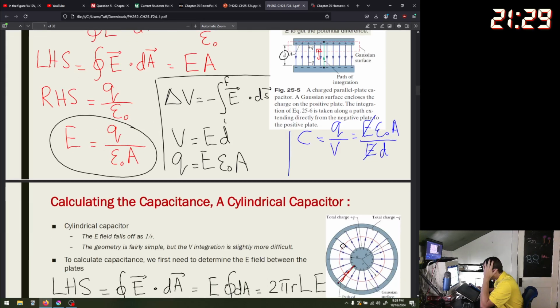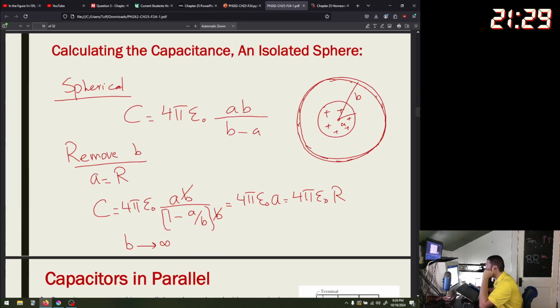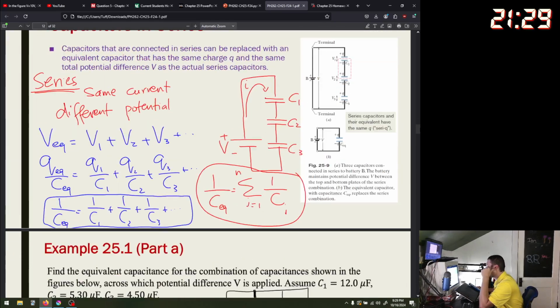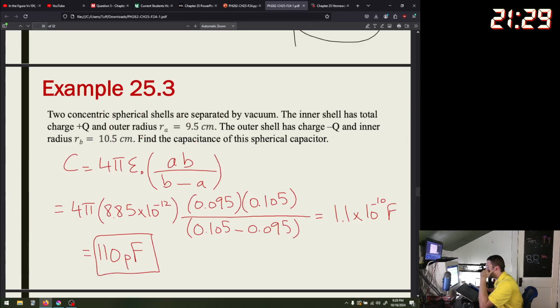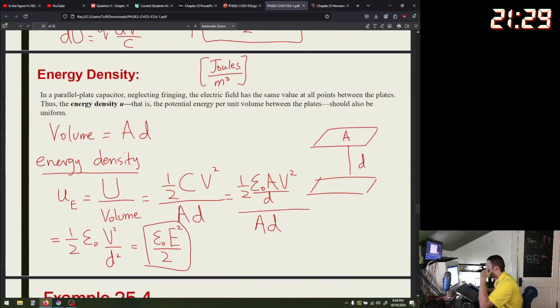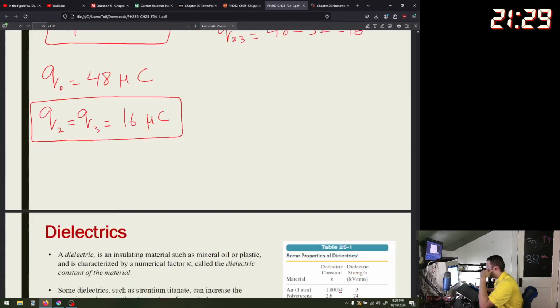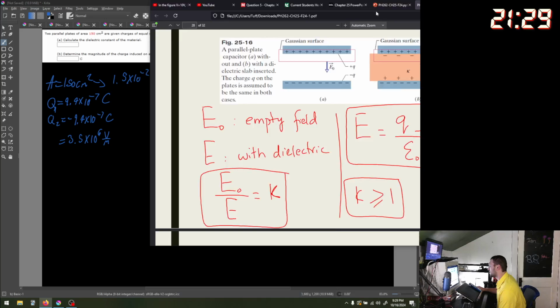Parallel plate. Yeah, I guess so. I don't think we have Q and Q prime, induced charge on the dielectric. Maybe we do have Q prime.